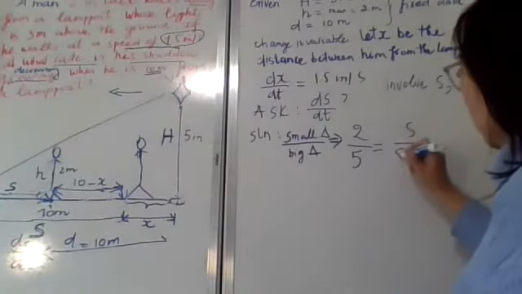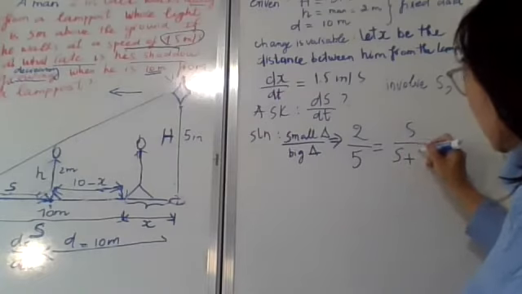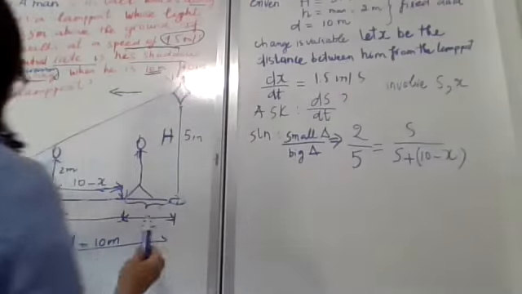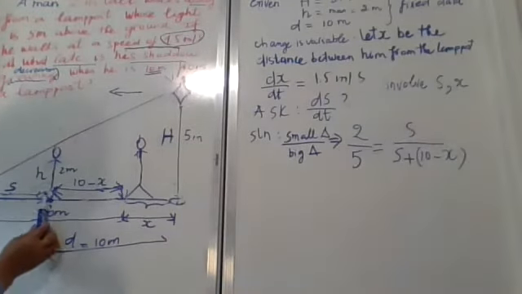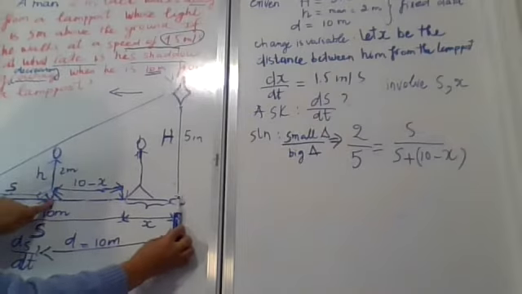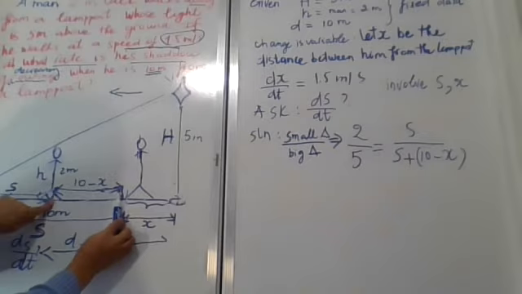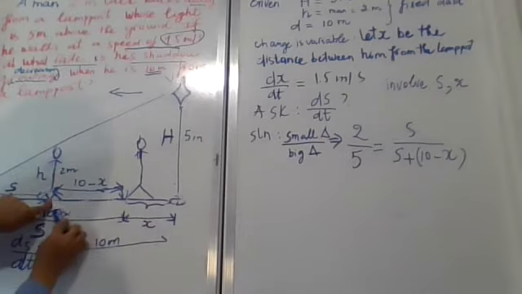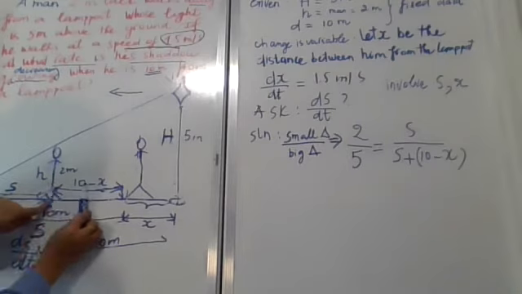And the whole length from here to here is s, adding 10 minus x, right? Because the whole length here is s plus 10 minus x. So it depends on where he stands, right? This distance is 10 minus x. From here to this point, if he walks up to here, it is 10 minus x from here to here.